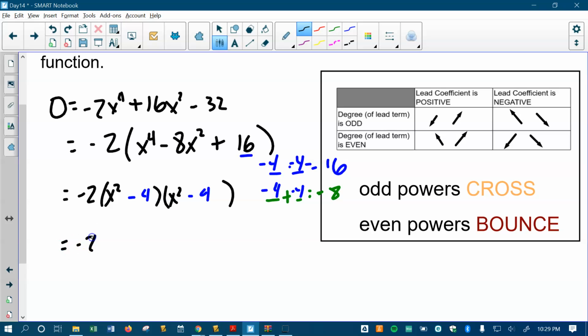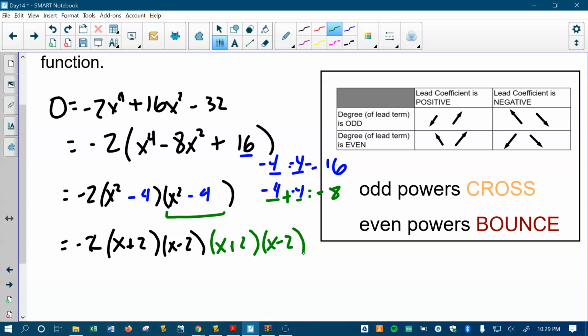So now I have negative 2, and then x squared minus 4 is going to be x plus 2 and x minus 2. And then for the second part, I also have an x plus 2 and an x minus 2, because it's the same factor, it's just twice. Yeah, x squared minus 4 is the same thing as the one before it, so it's another x plus 2 and x minus 2.